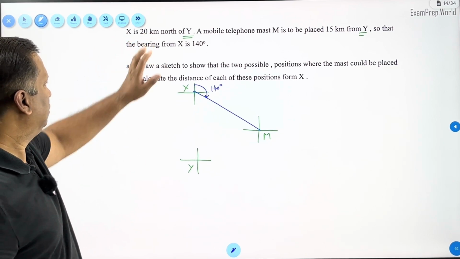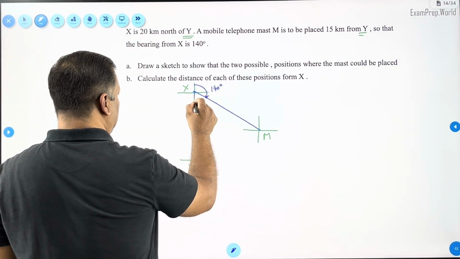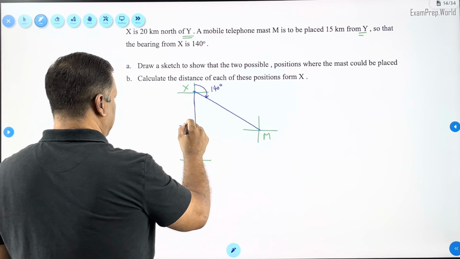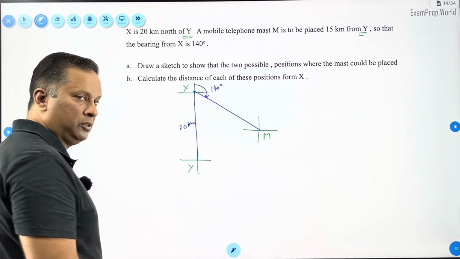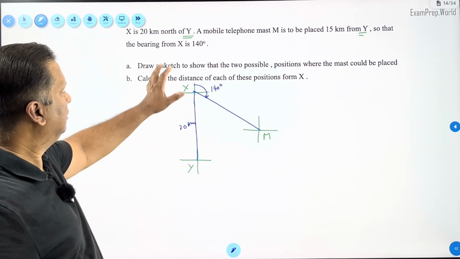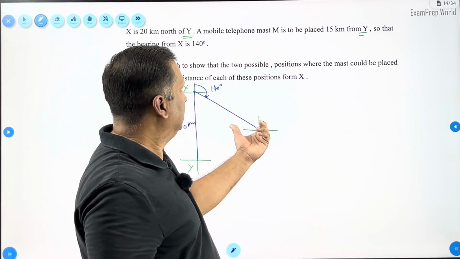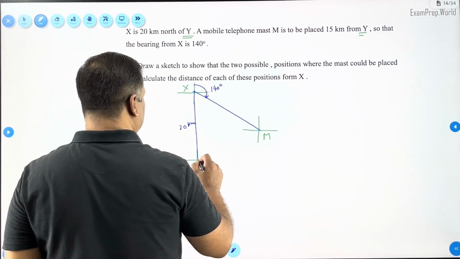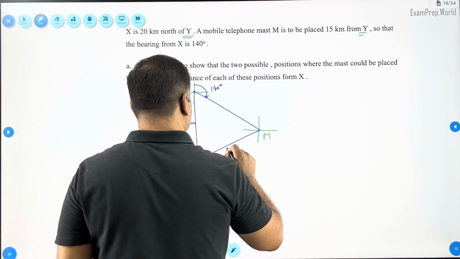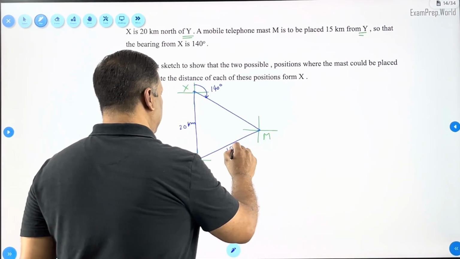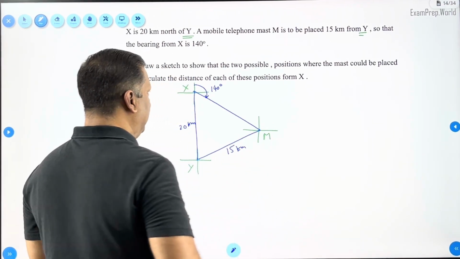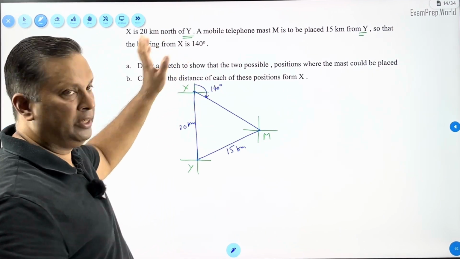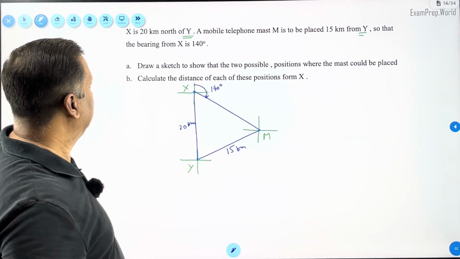X is 20 kilometers north of Y, so this distance is 20 kilometers. Mast M is placed 15 kilometers from Y, so this distance is also given, 15 kilometers from Y at a bearing of 140 from X. Okay, the diagram is complete.